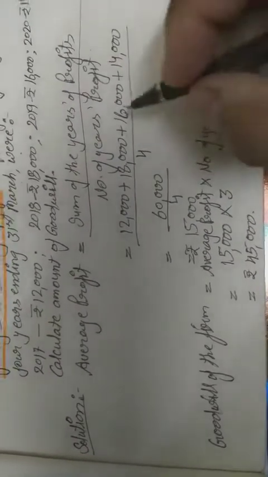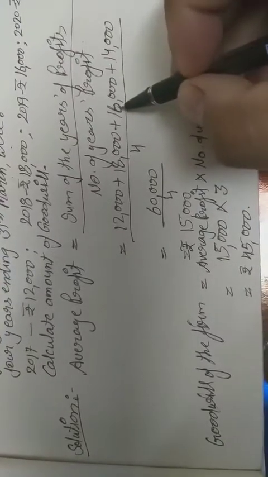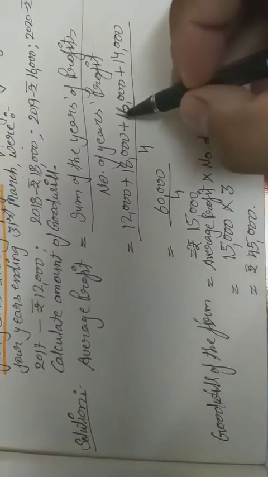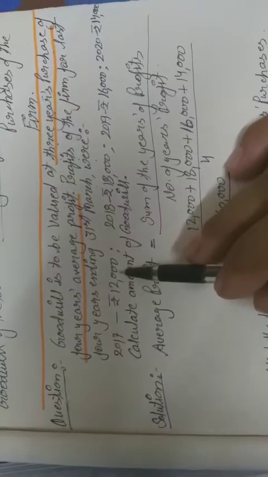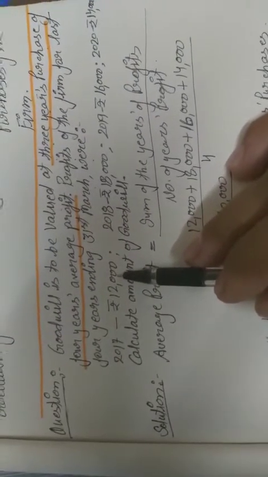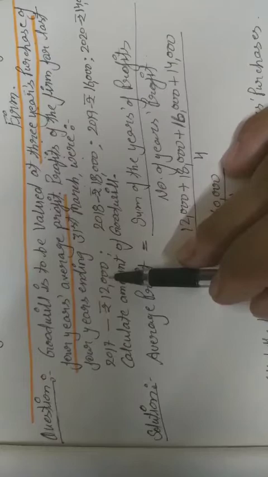In every question we will find different types of information and according to that we will solve the question. So in this method some past adjustment questions are also given. Past adjustment questions means that this profit is given but something is still left to be treated with this profit.